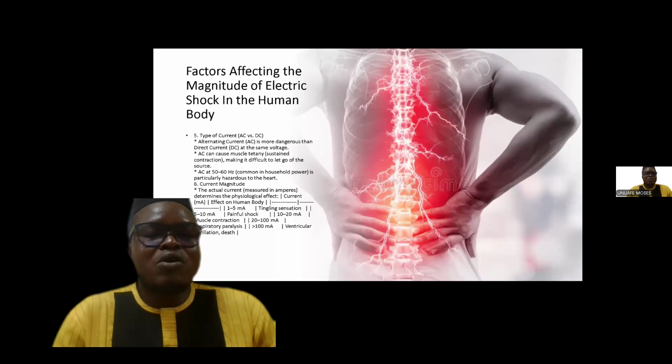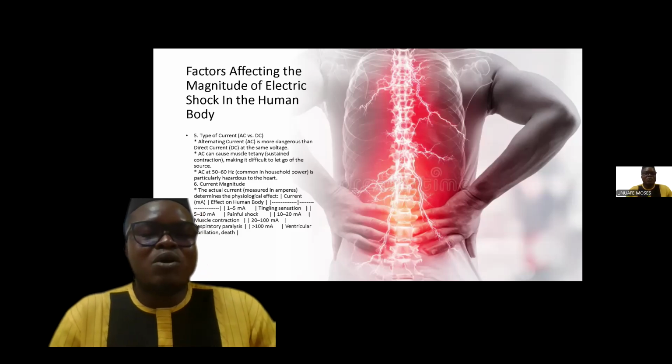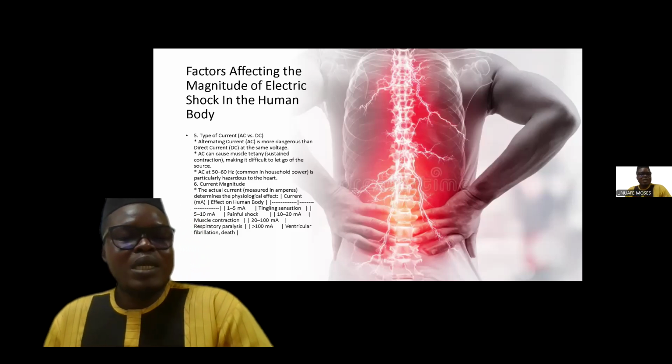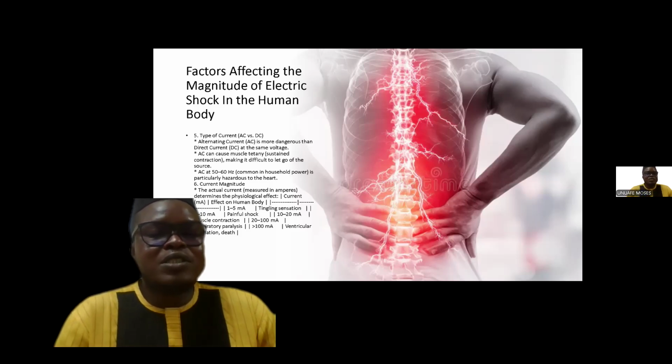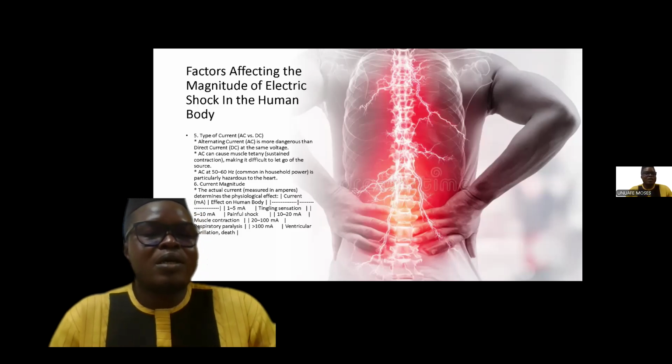AC can cause a muscular tetanic or sustained contraction, making it difficult to let go of the source. AC at 50 to 60 Hz, common in household power, is particularly hazardous to the heart.